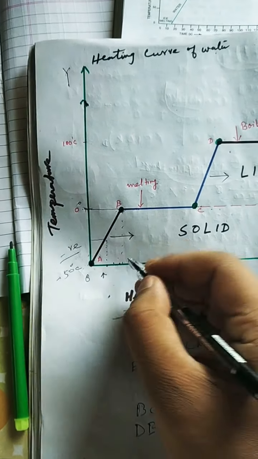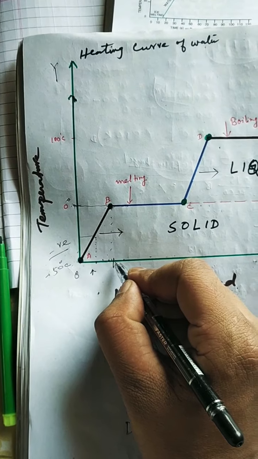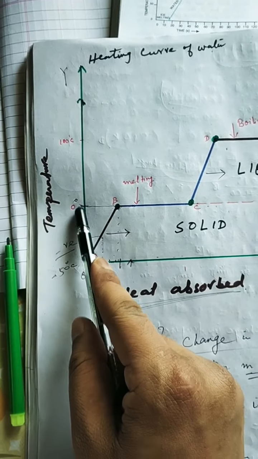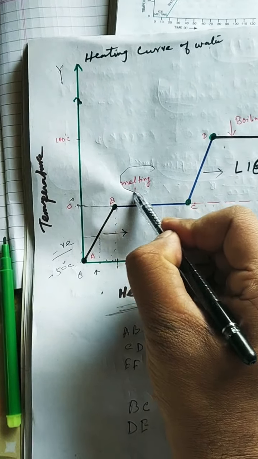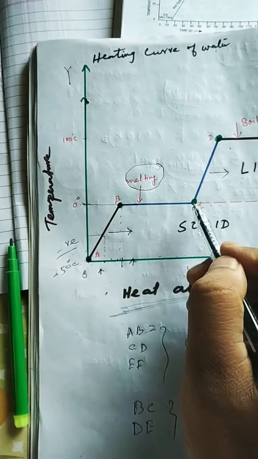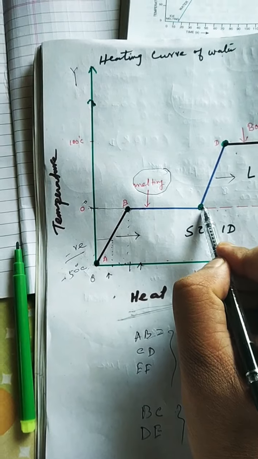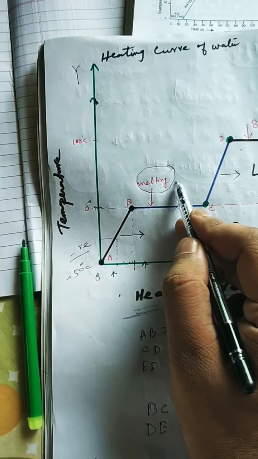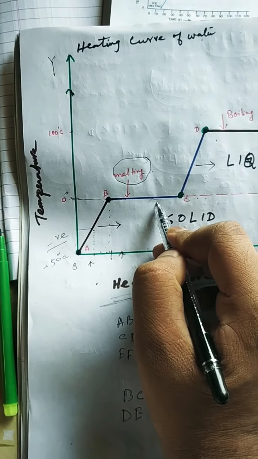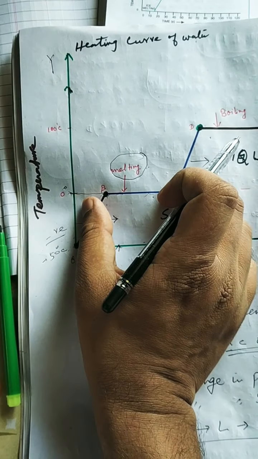But if you increase the heat more, then the ice starts melting. From here to here, the ice melts. So this indicates the melting of a solid, the melting of ice. So BC indicates melting.